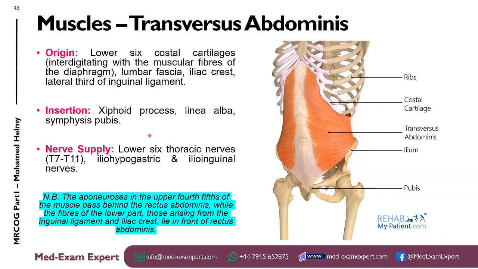It's supplied by the same nerve supply as the internal oblique muscle, the lower 6 thoracic nerves from T7 to T12. This is just a typing mistake. T7 to T12, iliohypogastric and ilioinguinal nerve.